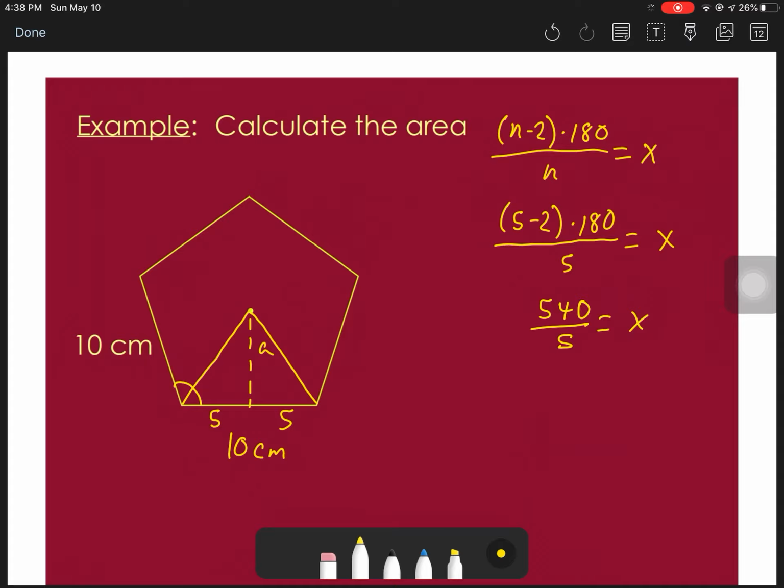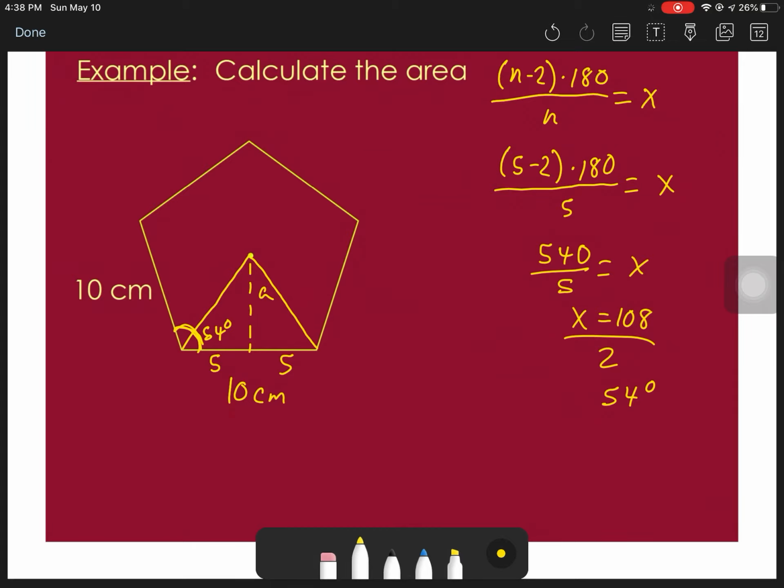Now we divide that by 5. X equals 108. So the whole angle I was talking about over here on the left is 108. We need half of that because our triangle is going to cut it in half, so let's divide it by 2. That gives us 54 degrees.